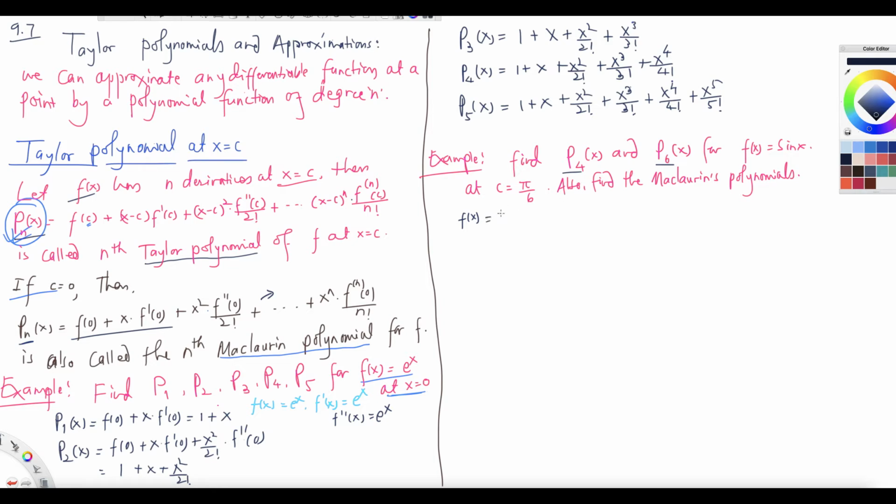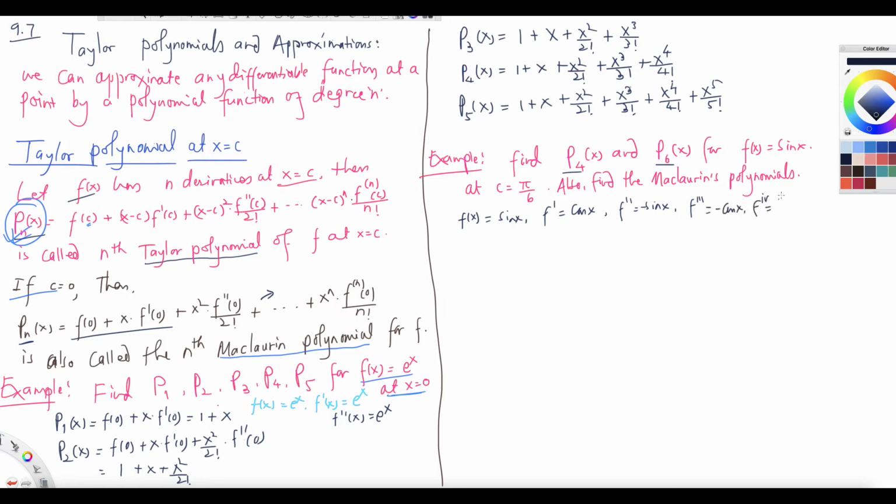So f of x equals sine x, right? What is f prime? It is cosine of x, right? What is f double prime? It is negative sine x. f triple prime is equal to negative cosine of x.